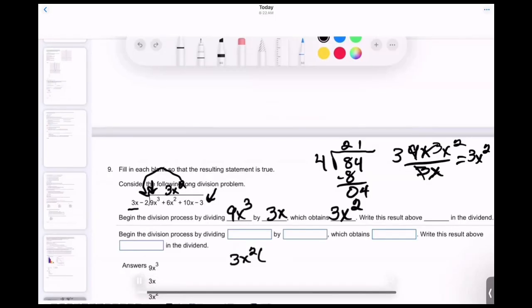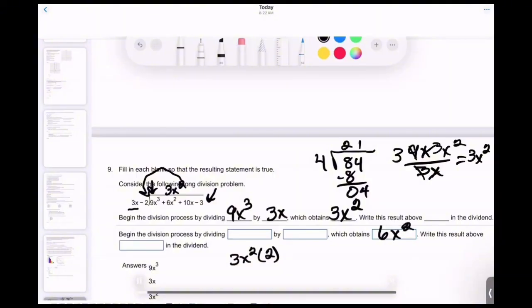The problem is that I wrote part of the answer in the underline, the fill in the blank, but then I wrote the 6x in the box. They match, right? Those boxes and the 9x cubed and the 3x and the 3x squared, they all match. And I think I wrote the 6x in the wrong box.